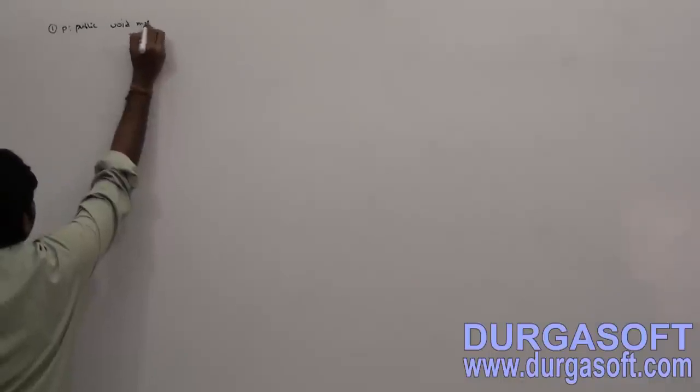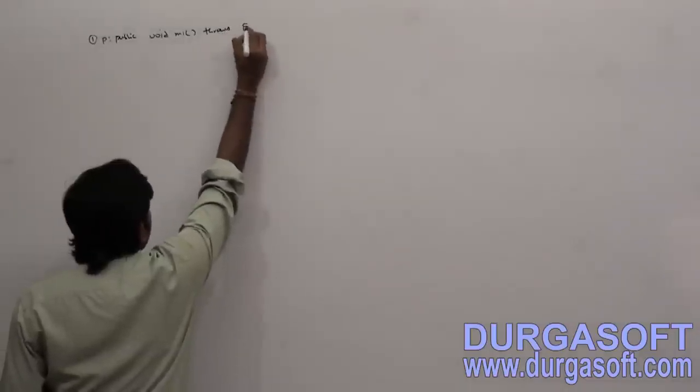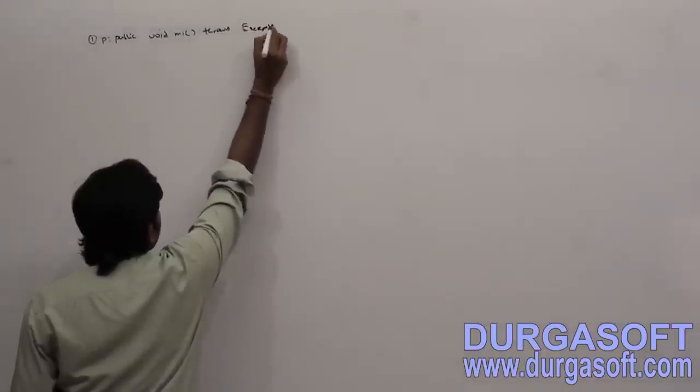Just observe this one. Case 1, there are multiple examples I am going to cover. First one, parent class method is public void M1 throws Exception.